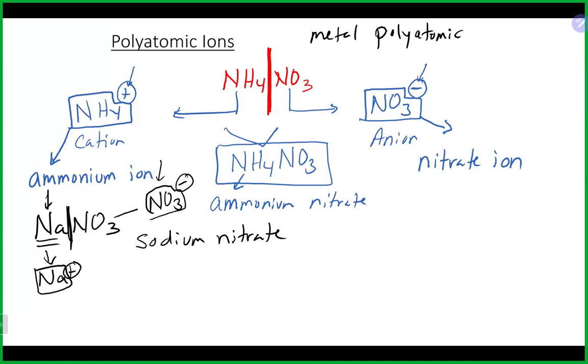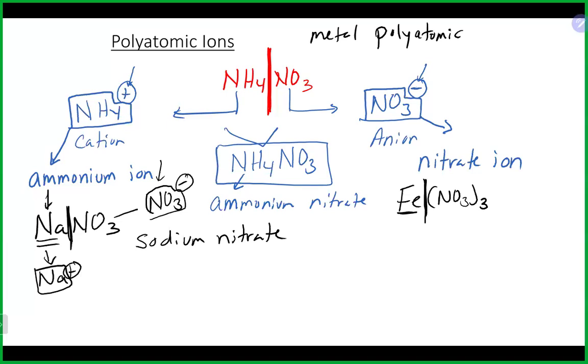Now, also, you could have a metal that's a type 2 metal that could hook up with a polyatomic ion. So instead of sodium, let's say we threw in there a little bit of iron. And we'll do that. And let's say we have Fe(NO3)3. Once again, we would break this up right here.